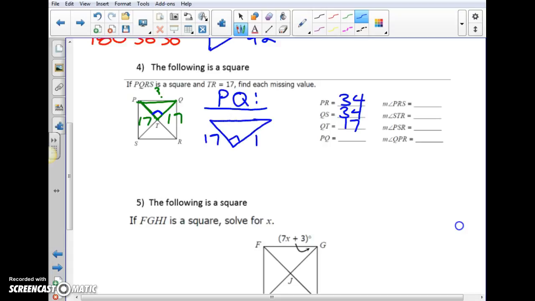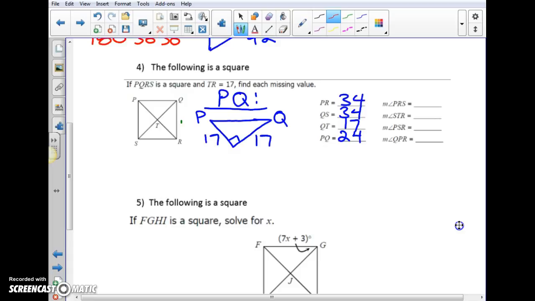So I've got 17, 17. Up here is PQ, and I can use the Pythagorean theorem. If you do the Pythagorean theorem correctly, and I'll leave that for you to do, you should get 24. Which is really great because if PQ is 24, I know the other three sides of the square here are 24 also. Now let's find some angles.